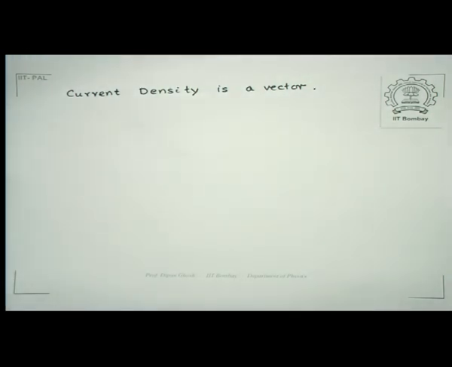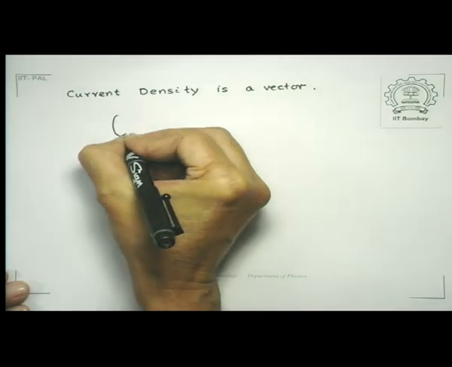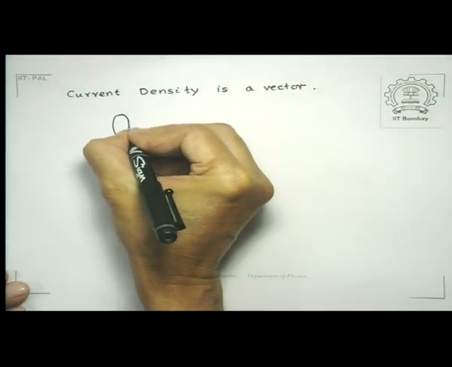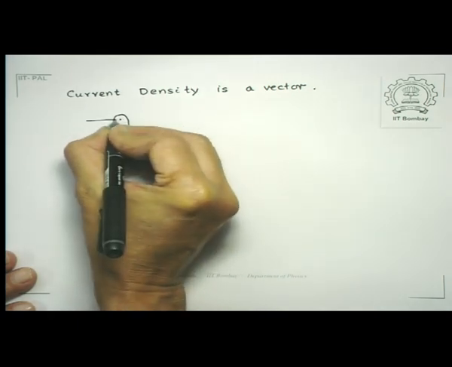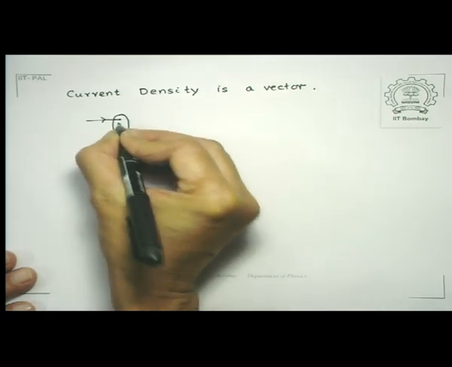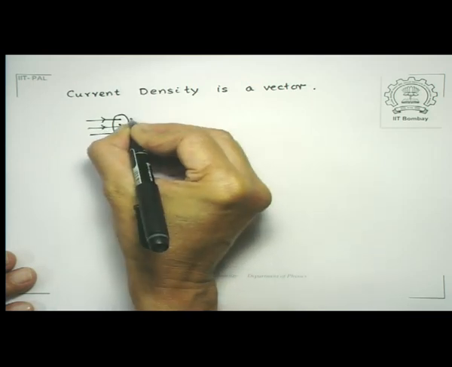Let us suppose I am talking about a current which is passing through an arbitrary surface. Let me show you a surface here. This, let us suppose, is the end of a wire, cross section of a wire, and the current is entering like this and is leaving from this surface.